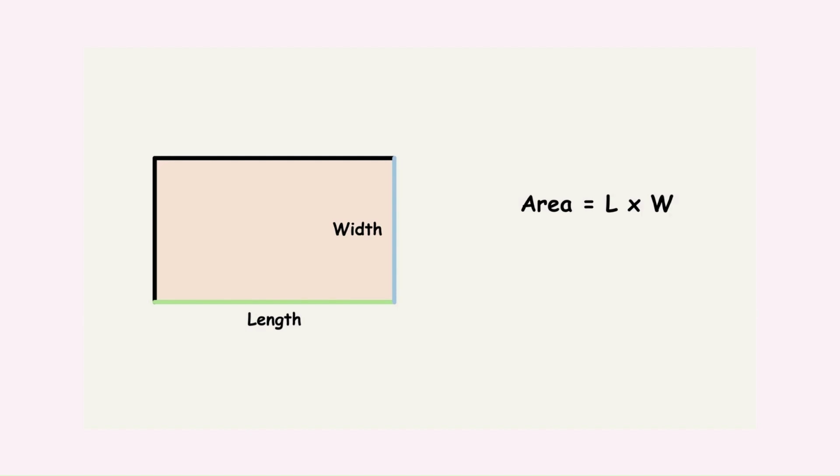Now, what about the perimeter of the rectangle? In order to calculate the perimeter, you need to determine the total distance around the rectangle. In other words, the perimeter is the sum of all four sides, so it's 2L plus 2W. The perimeter is simply the distance around a figure, whereas the area is the two-dimensional space inside of a figure, so keep that in mind.